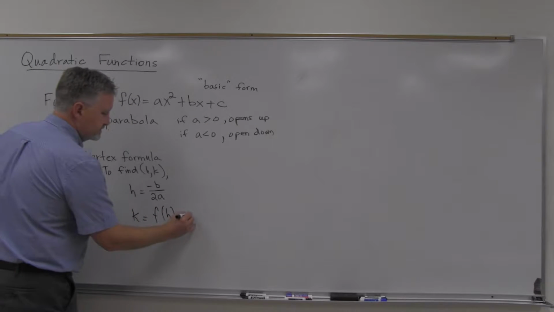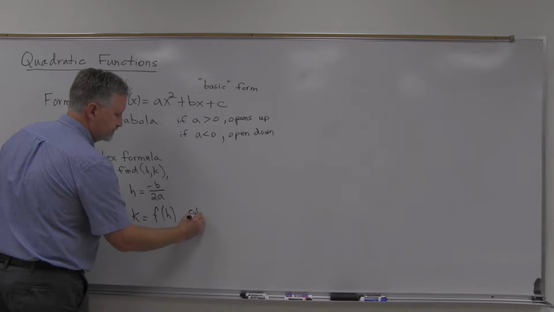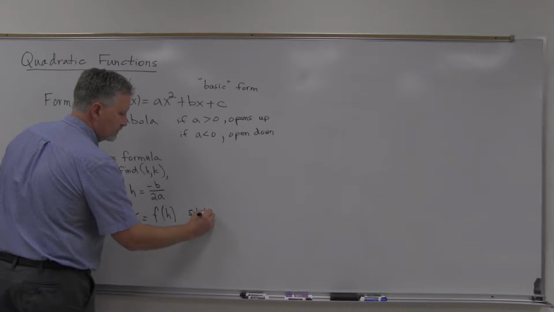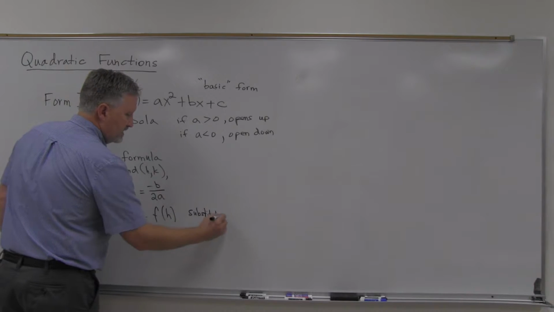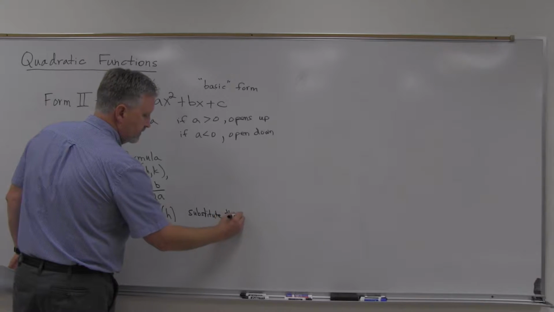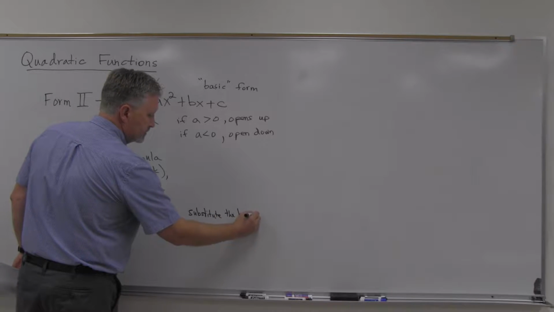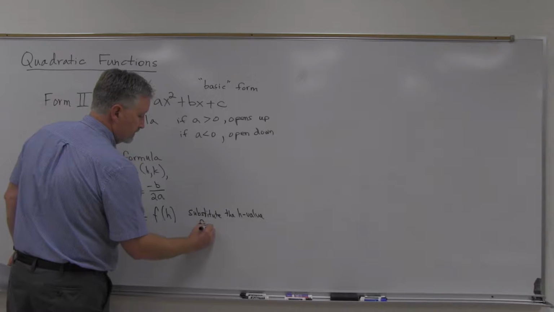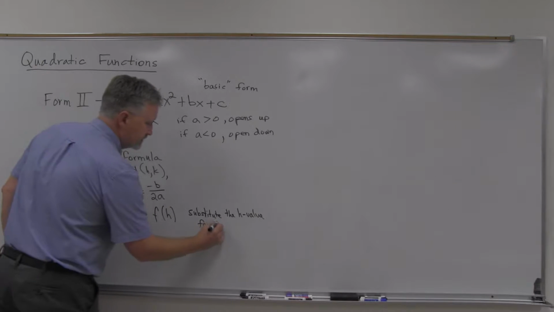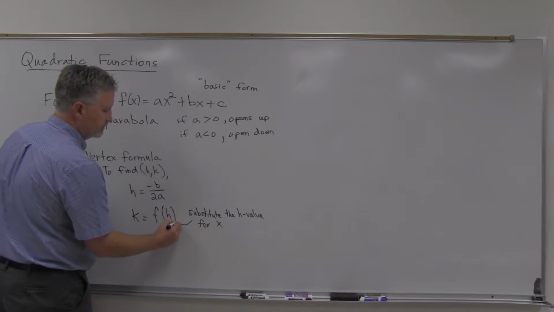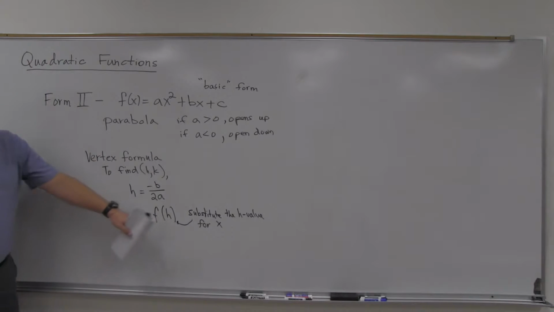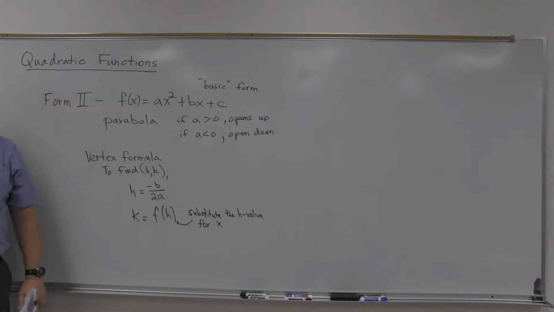That just means we're going to substitute the h value for x, and that'll be what my k value is. Substitute the h value for x and evaluate that, and that'll be your k. All right? Make sense?